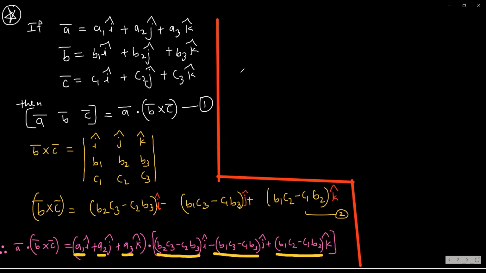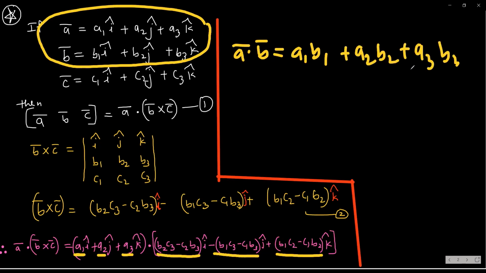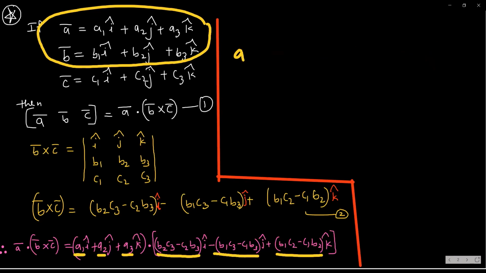We have already done this. If I ask you what is a bar dot b bar, wouldn't you say a1 b1 plus a2 b2 plus a3 b3? Yes, that is what it is. You multiply the corresponding coefficients and then you add the respective products.